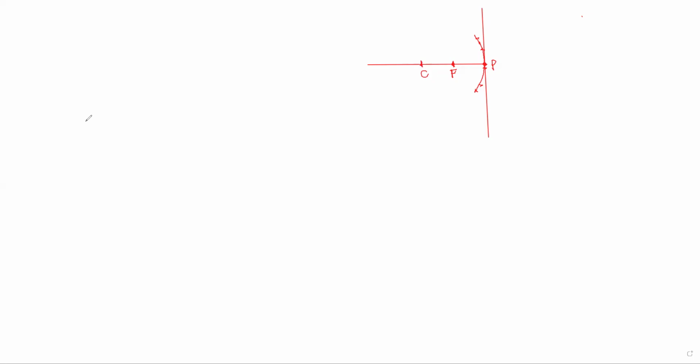Now, how do we show that the object is really at infinity, since we can't clearly tell where infinity is for us to place the object? What we do is that the two incident rays hitting the mirror must come in parallel form. So when the image is at infinity, reflected rays must go parallel. When the object is at infinity, incident rays must come parallel.